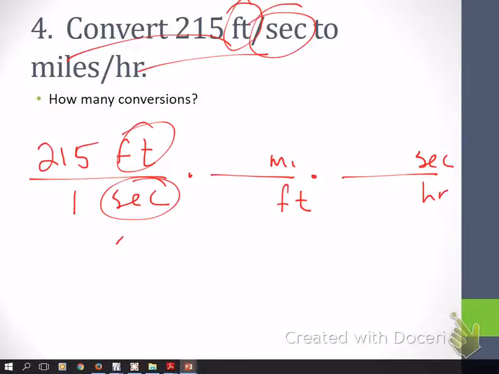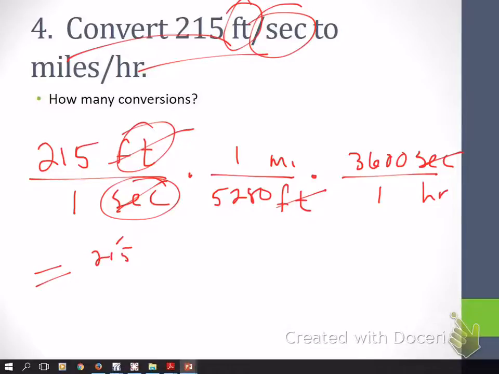Now I fill in numbers. In 1 mile, there's 5,280 feet. In 1 hour, there's 3,600 seconds. So now, doing some unit division, I divide out the units that are going to divide out, and I'm left with miles per hour when I multiply straight across.